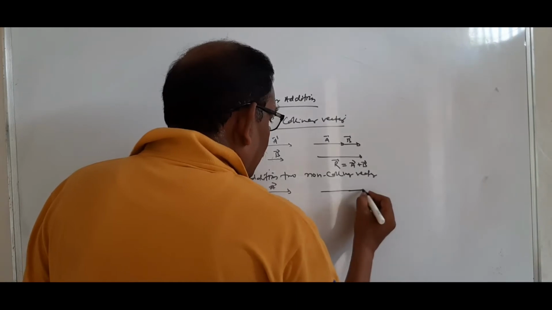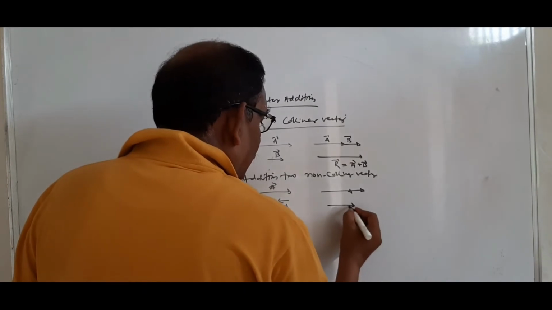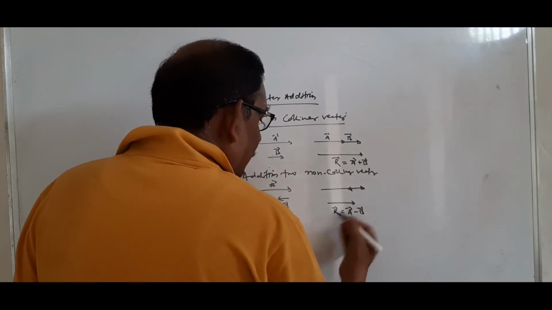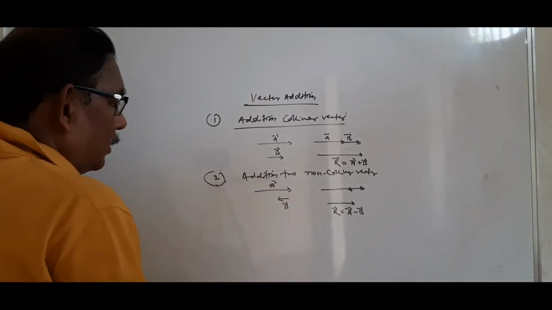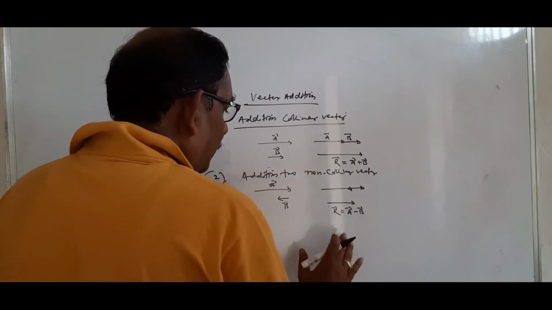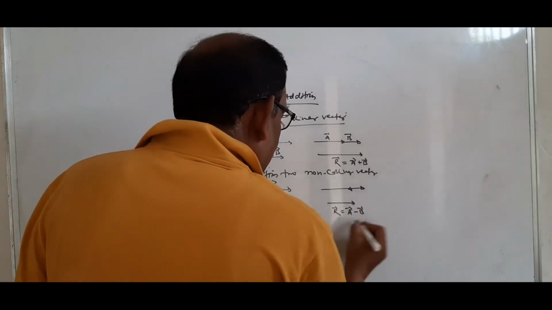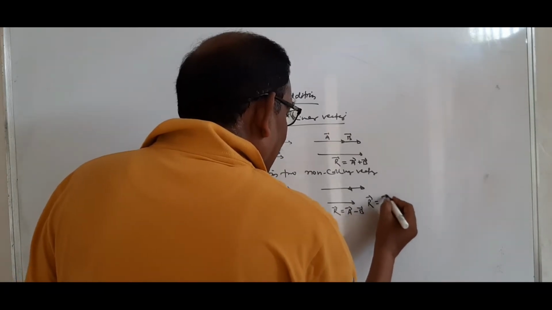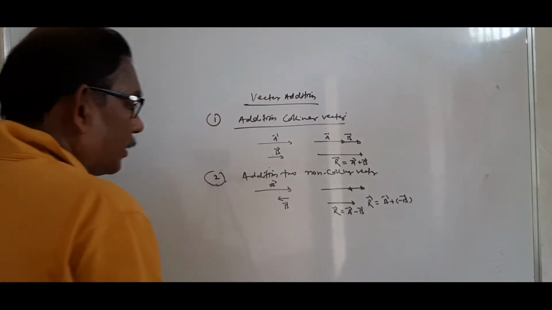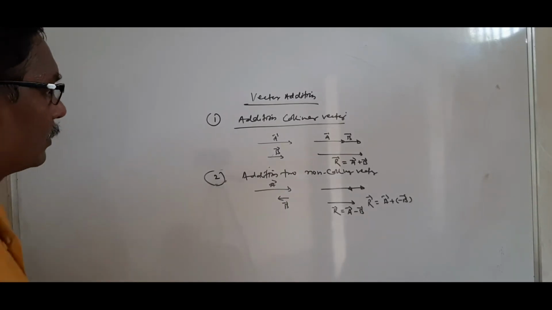So this is your R equal to A minus B. You subtract, R equal to A minus B. Actually, you have to add this one. In this way, R is equal to A minus B, because the direction is opposite. So in this way, find out the addition of collinear and non-collinear vectors.